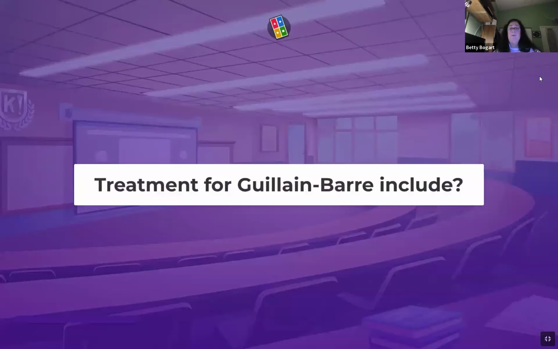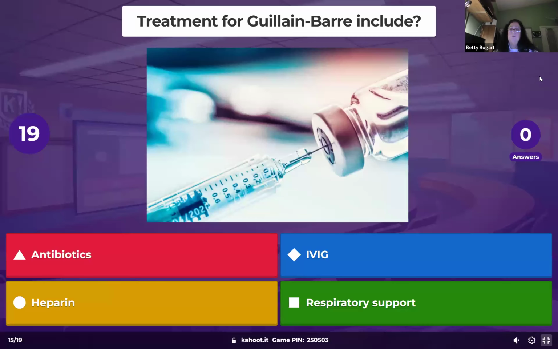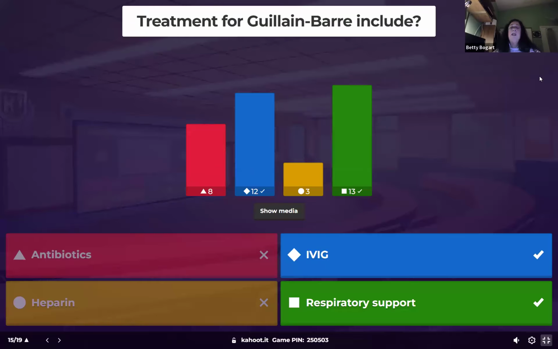Multi. Treatment for Guillain-Barré include... So Guillain-Barré is not an infection.